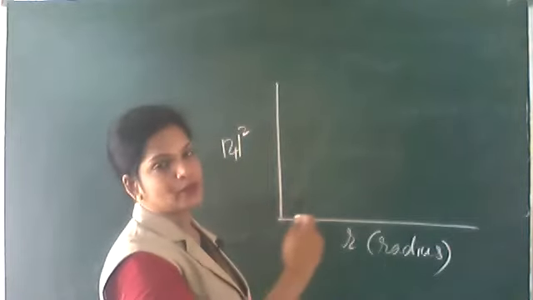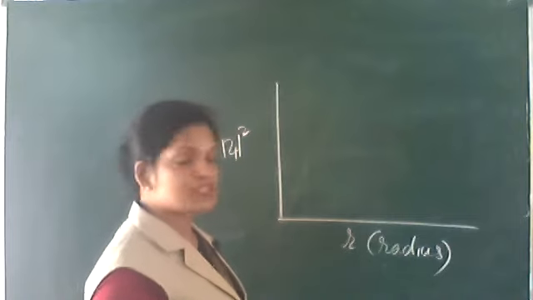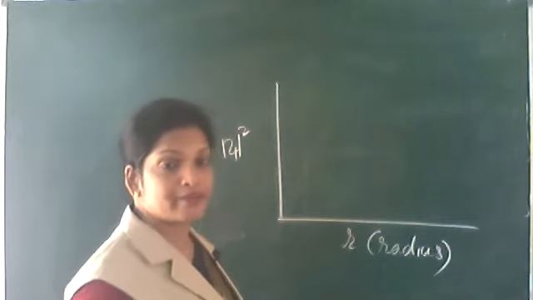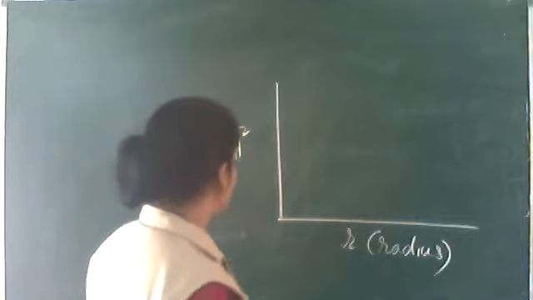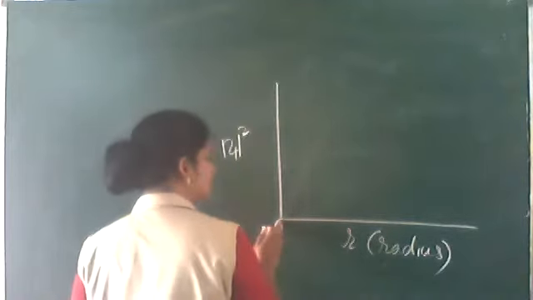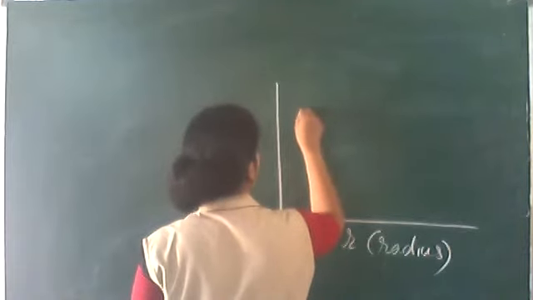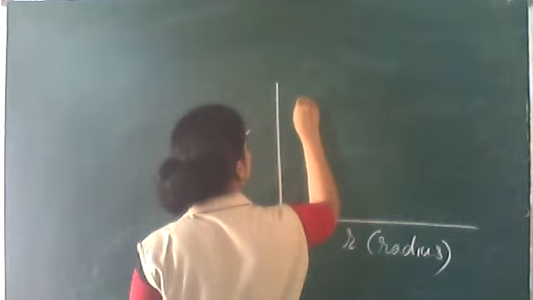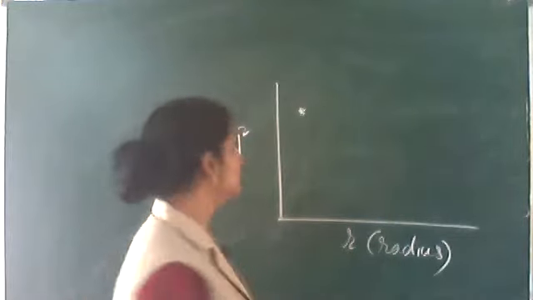From the nucleus you are moving along the radius. At what positions do you get a very high value for this chi square? Suppose you started moving in this way, you got a maxima over here, at this point.